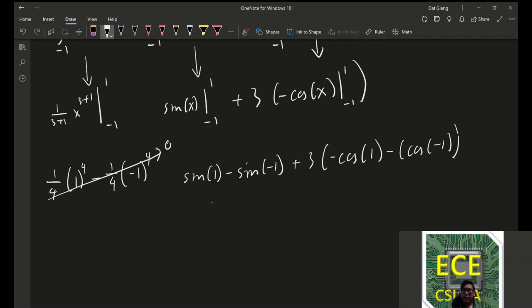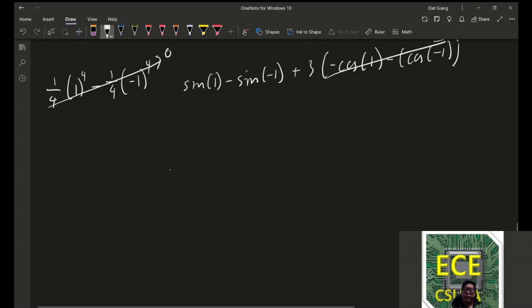Based on this property, that cosine of x is the same as cosine of -x, these two also cancel out and become 0. So we are left with 2 sine of 1 as our answer.